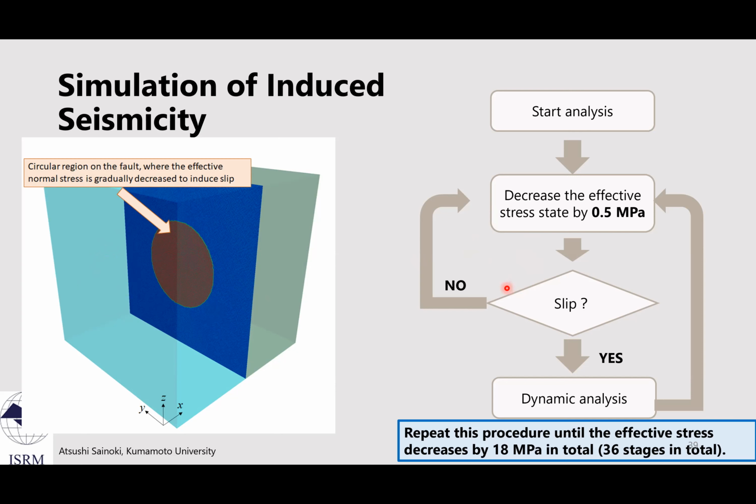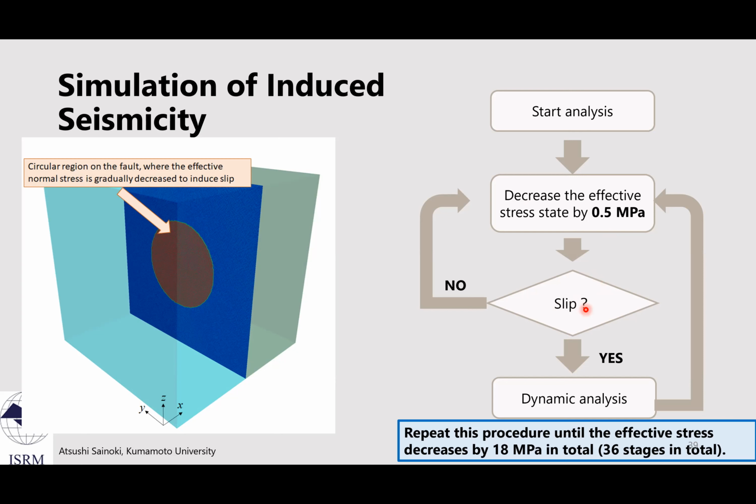After decreasing the effective normal stress by 0.5 megapascal, the stress state on the fault plane is examined for each interface element. If there is a zone that satisfies the slip conditions, the analysis condition is changed from static to dynamic.